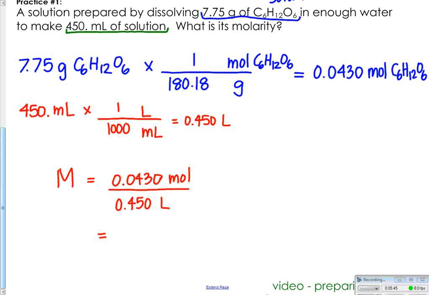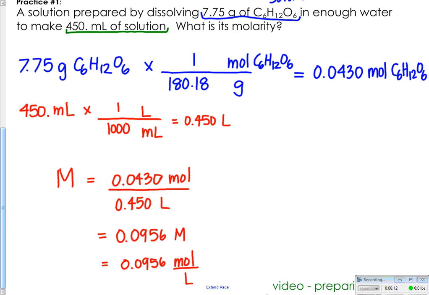And our answer should be 0.0956 molar. You could write molar with a capital M, or you could leave it as 0.0956 moles per liter. Either answer is absolutely okay.